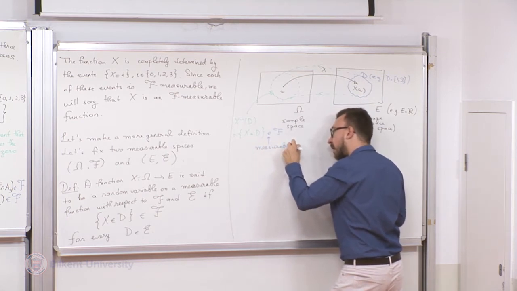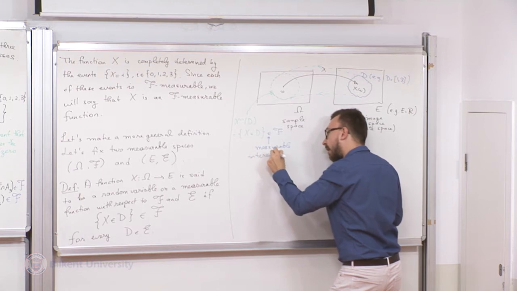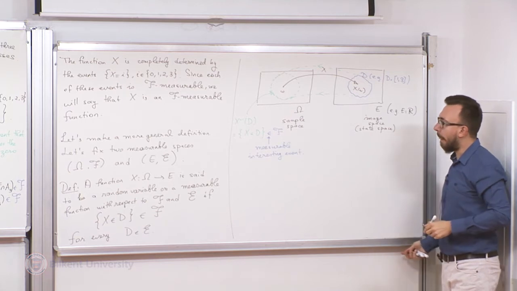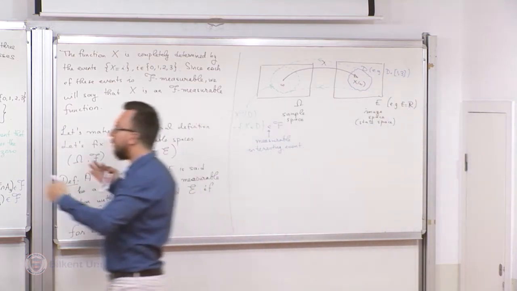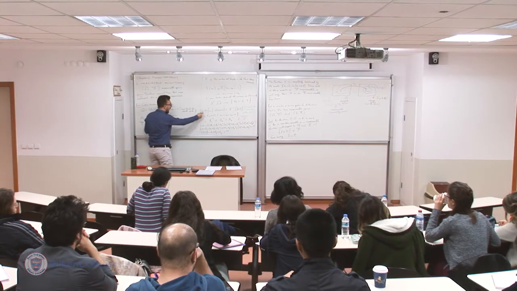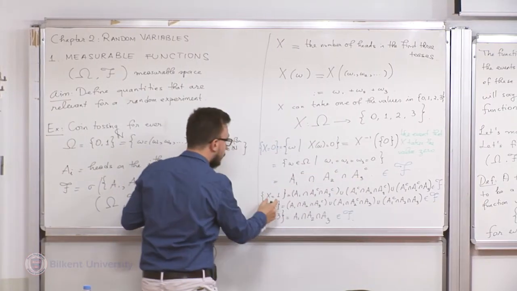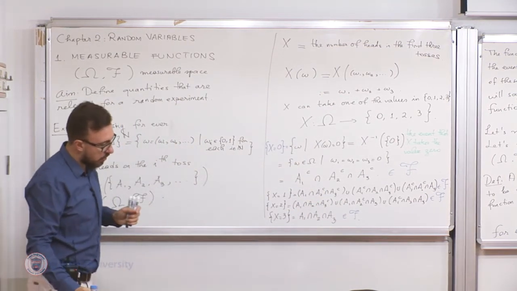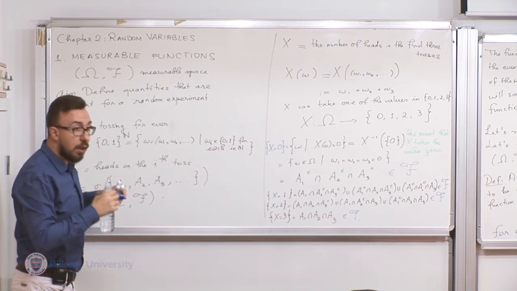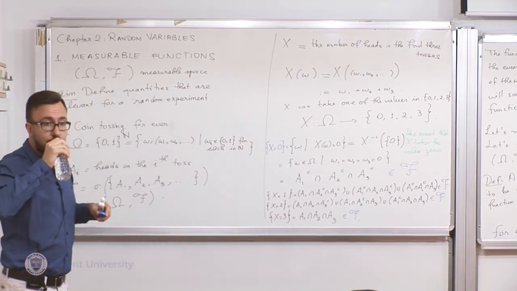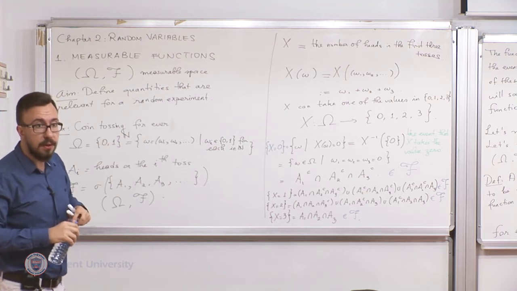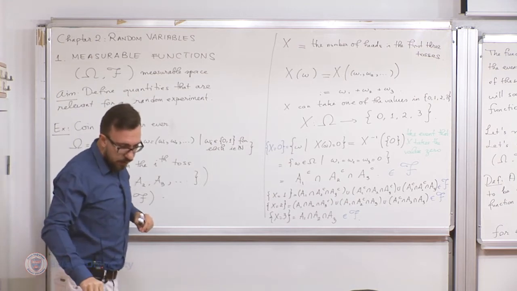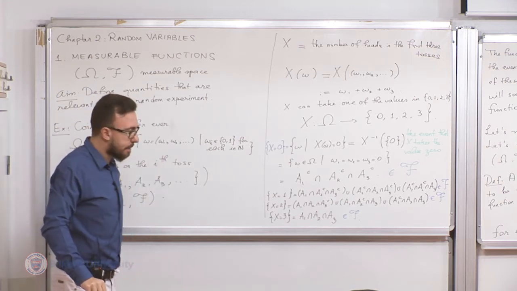Measurable, or interesting event. In our example, it was the check that X equals 0 is in F, X equals 1 is in F, and so on. So in the finite cases, checking each singleton is enough. We're going to get to that point. Simplifications will be possible, okay?